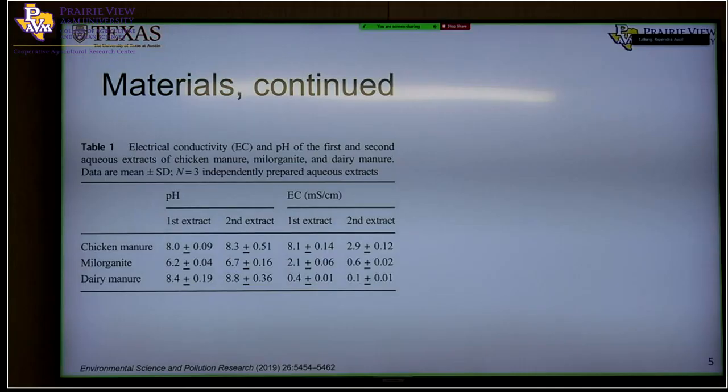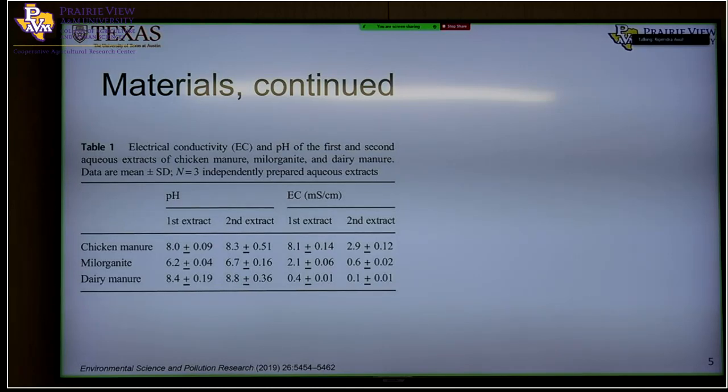As you can see, the pH between the 2 extracts. So this is described in our method section, but we used 2 different extracts on the seeds. The first extract is just the manure mixed with DI water. The second extract is after centrifuging and removing the supernatant of the first extract, we add more water and use that.